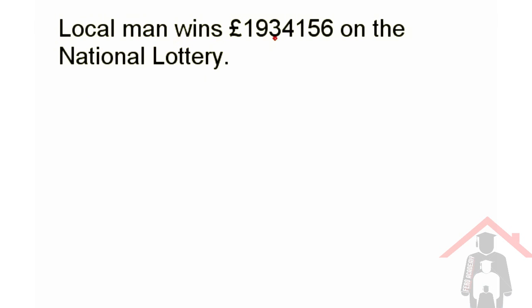This is a newspaper headline that you would never see, because a newspaper would never report an amount of money this accurately. What they would usually do is round it to 1 significant figure. To do this, they would begin counting from the left. Count 1 figure and then draw a line down.